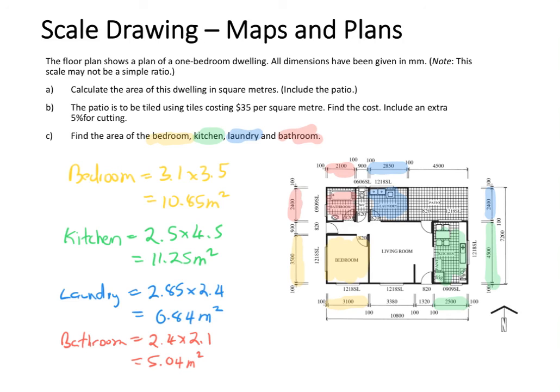So that is the area of each of those rooms. Bathroom is 5.04 meters squared. Laundry is 6.84 meters squared. Kitchen is 11.25 meters squared, and the bedroom is 10.85 meters squared. So there are some example calculations that we can do by using a plan and converting measurements from millimeters into meters.